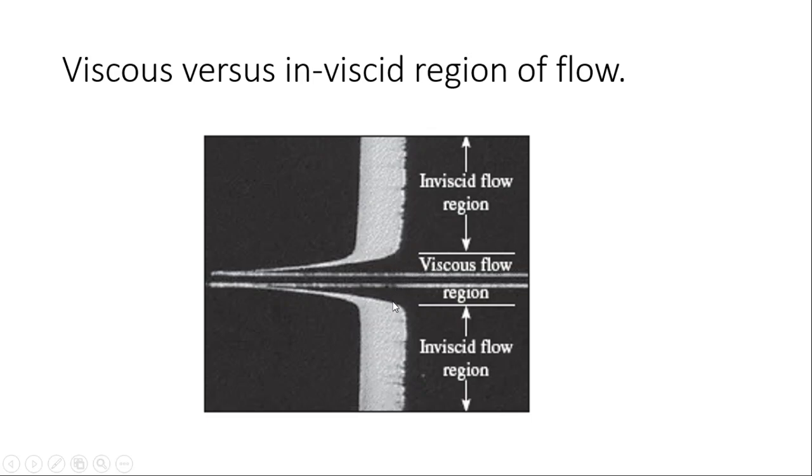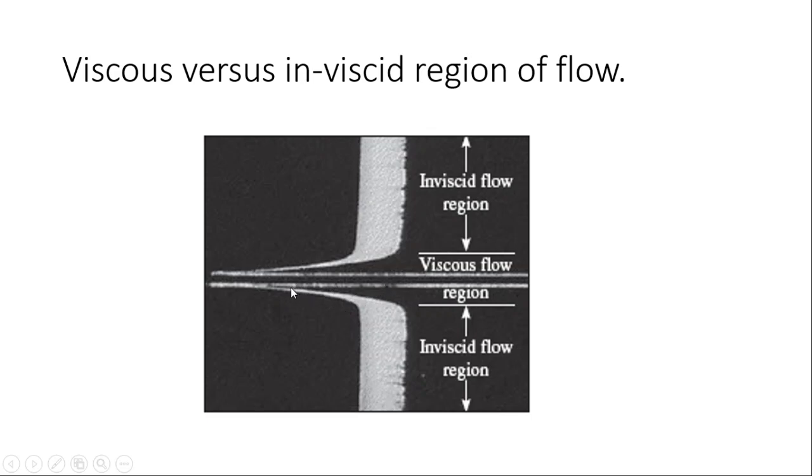Similarly, this is the upper face of the plate and this is the bottom face of the plate. So again we have a boundary layer here. All these things, like this is the no slip condition.